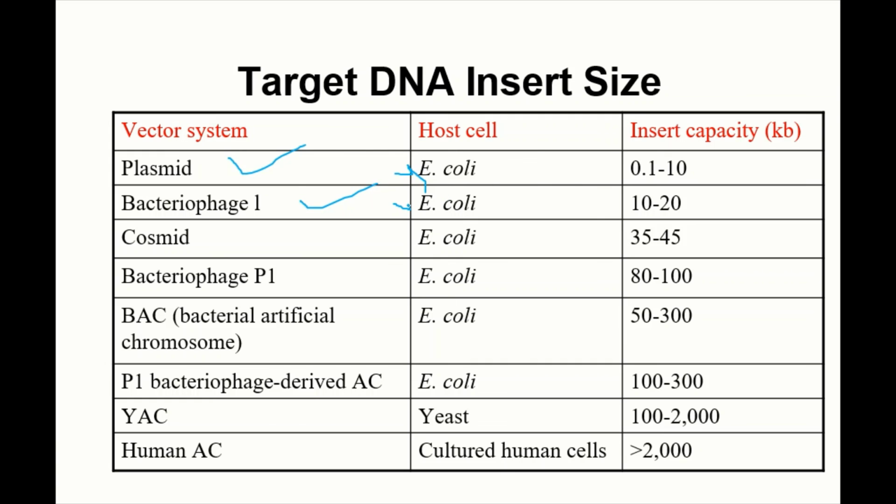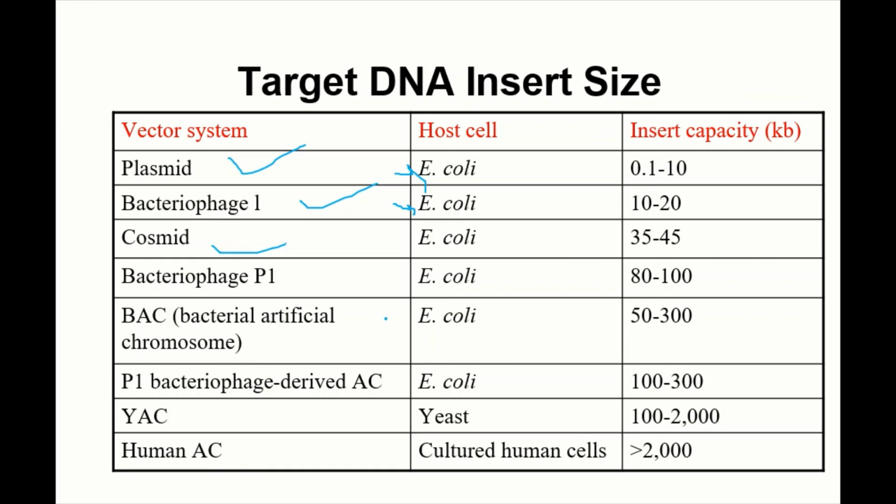Bacteriophages, E. coli again, then we have 10 to 20 kilobase size. Cosmids, E. coli again is the host, 35 to 45 kb. Bacteriophage P1, our host is E. coli, can hold 80 to 100 kilobases.